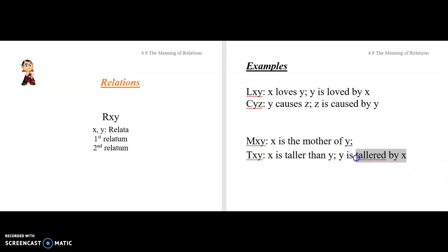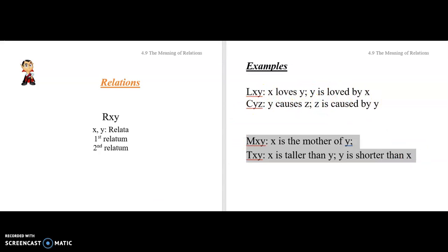Instead, we would say Y is shorter than X. But I do want to insist that you can look at these relations from the perspective of either relatum.